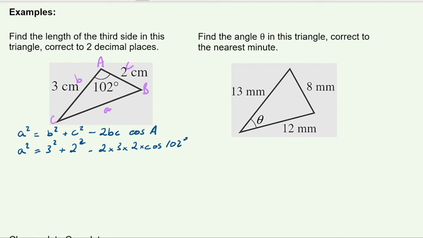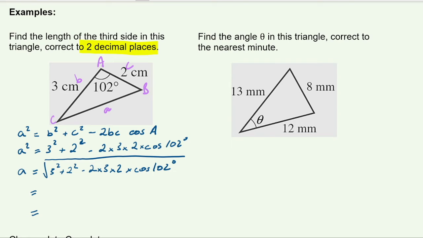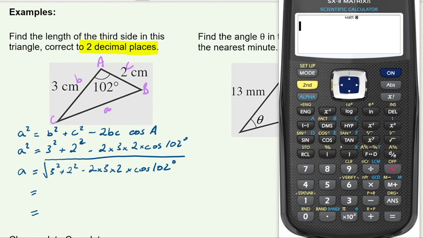Then we can chuck that straight into the calculator after we get the square root sign involved. So a is going to equal the square root of all this: 3 squared plus 2 squared minus 2 times 3 times 2 times cos of 102 degrees. Let's plug this into the calculator now. Here's my trusty calculator.